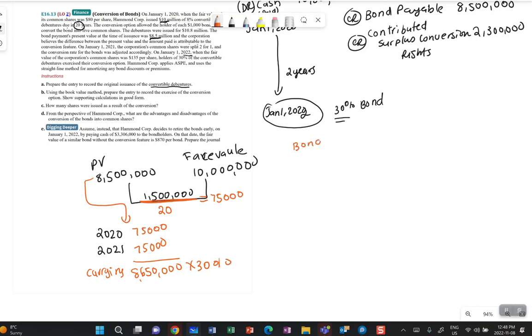Debit will be your bond payable. In this case, the carrying value of your bond is 865,000, multiplied by the 30%, and that will give me the amount of your bond payable debit. And the other debit, since we are converting it, will be called contributed surplus, conversion rights.